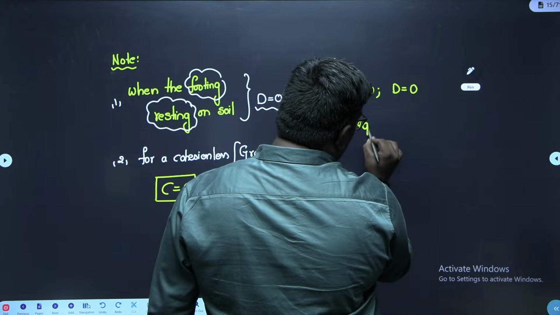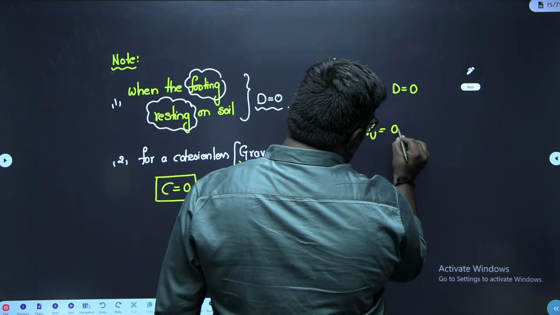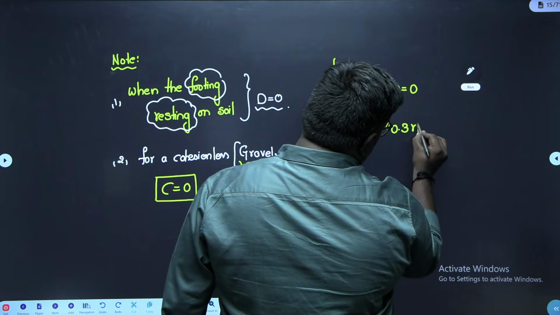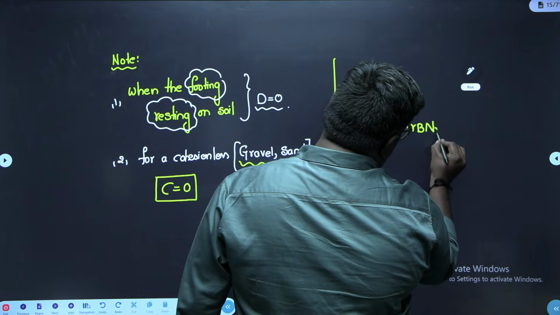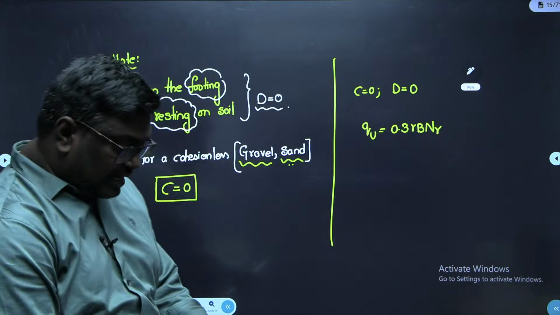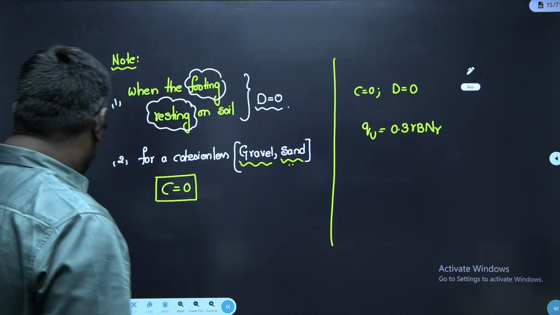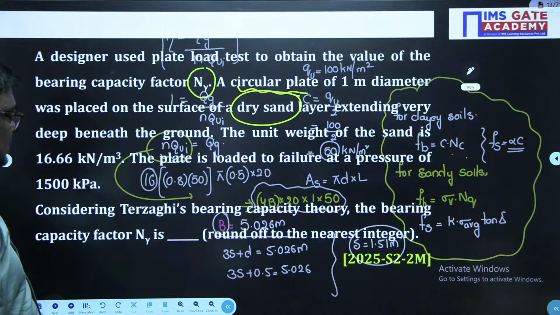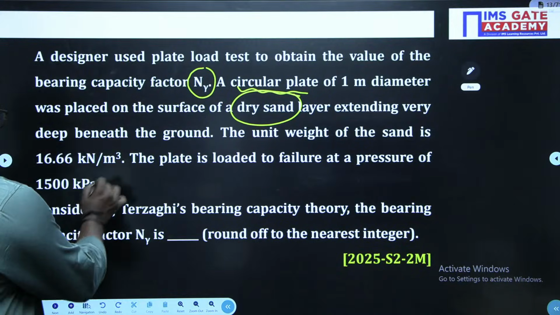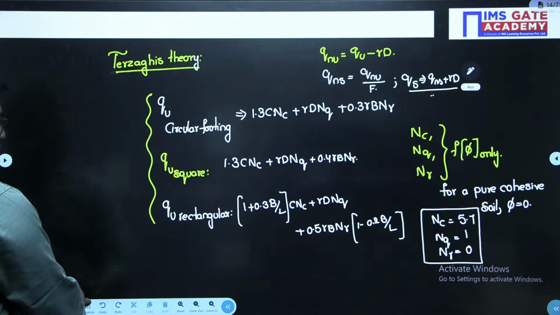So ultimate bearing capacity is given by the formula 0.3 gamma B N gamma. Sir, what is the ultimate load they have given? The ultimate bearing capacity is given as 1500 kPa.